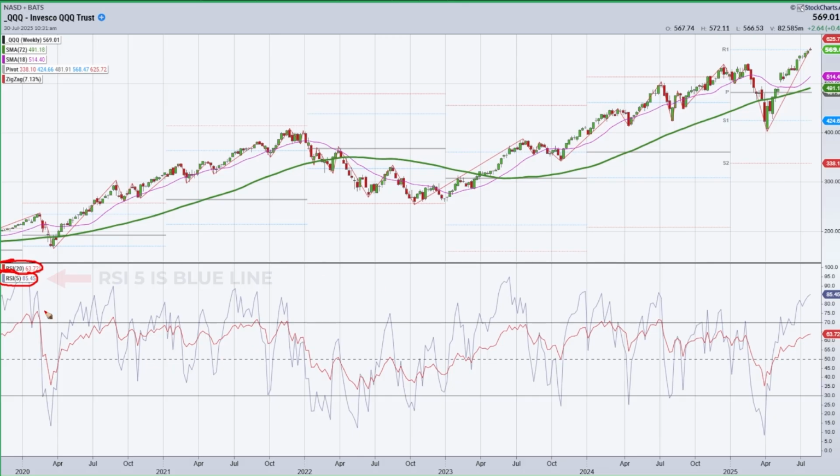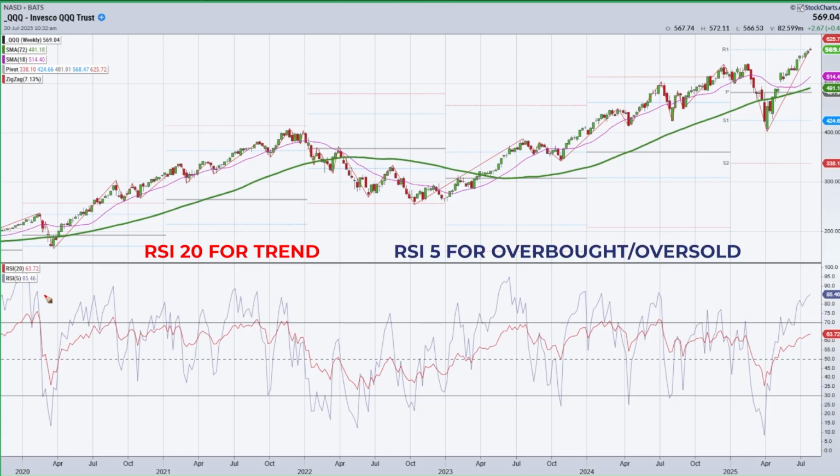So what we've done with this, instead of using an RSI 14, is sort of divide this up. All right, I'm using the RSI 20 as a trend indicator for the most part, okay? And then I'm using the RSI 5 as the overbought, oversold oscillator.